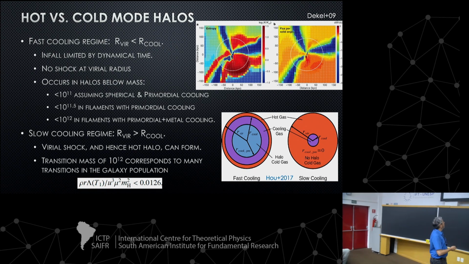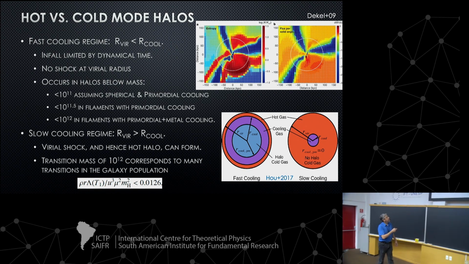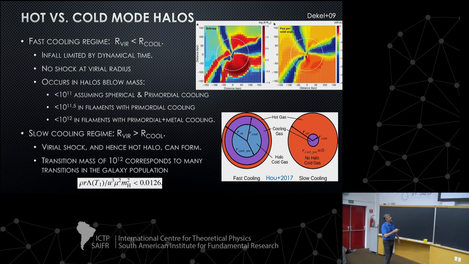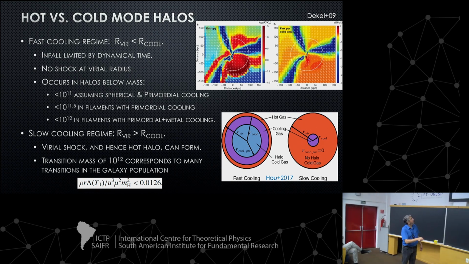Now, what's interesting about this? It turns out that when you run calculations and do it with all the metal cooling and everything, because you need to do it very properly, the transition between these fast cooling and slow cooling halos, these hot, so this is a cold mode halo, because everything is coming in cold here, never shock heats, and this is a hot mode halo because things shock heat first and then cool down, right?